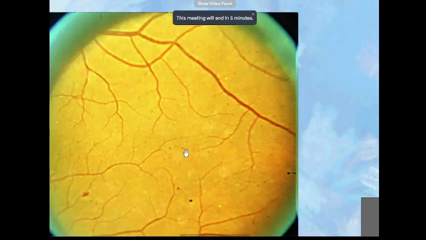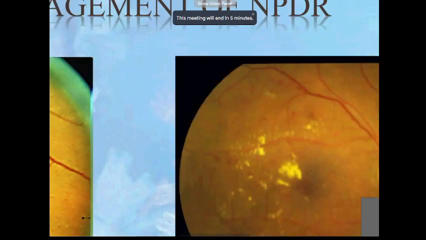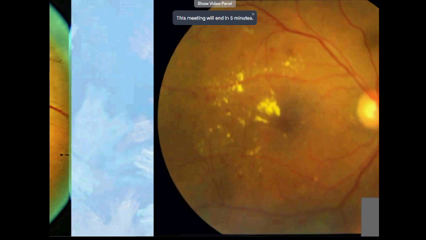This is the microaneurysm. Can you see now in the enlarged picture? So this is the hard exudate, discrete, creamy, and this is the dot and blot hemorrhages. So this is what we call macular edema, okay.